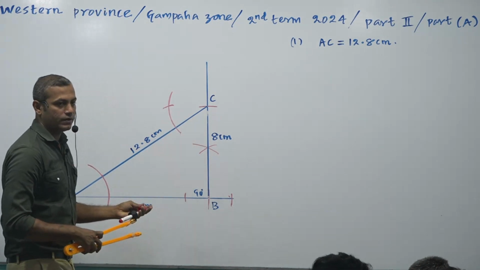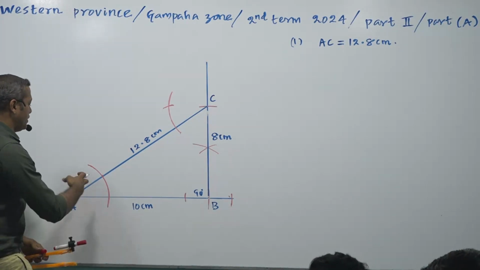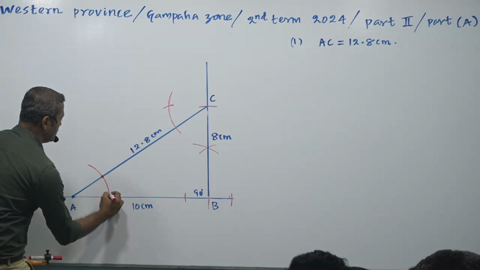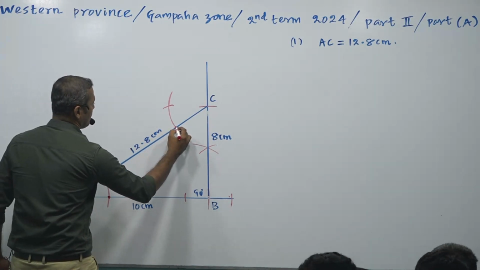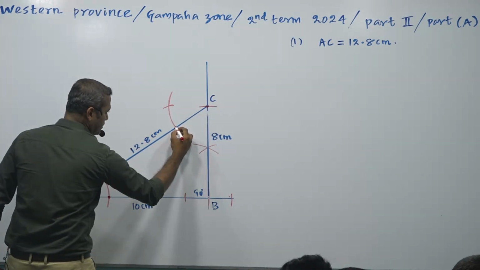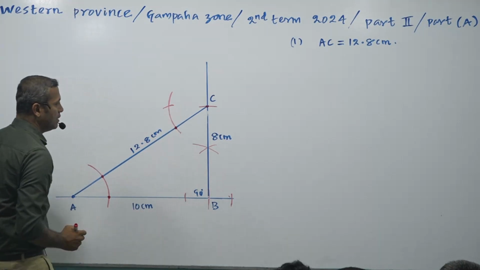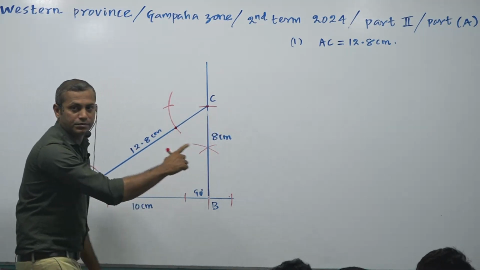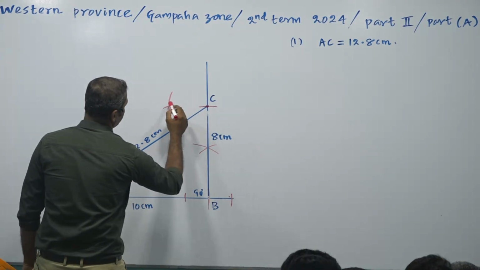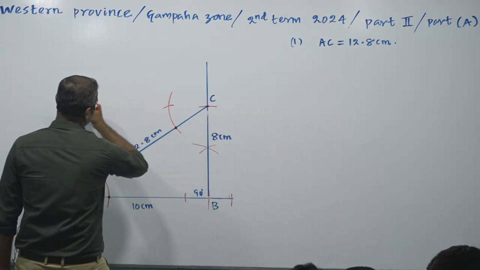Is that clear? What I did is this. I drew an arc from A, then took this measurement, kept the needle here and drew the same arc, and then took the measurement and kept the needle here and drew an arc. Now join the point of intersection and the point C and produce on either side.